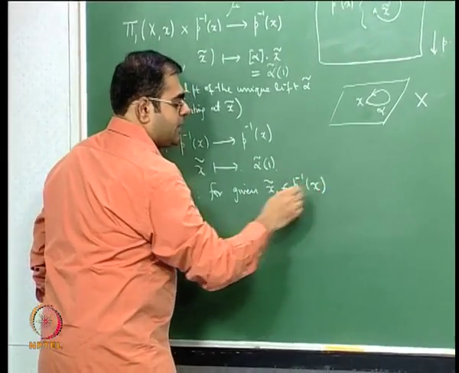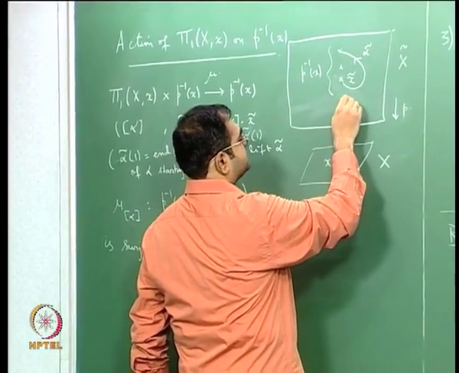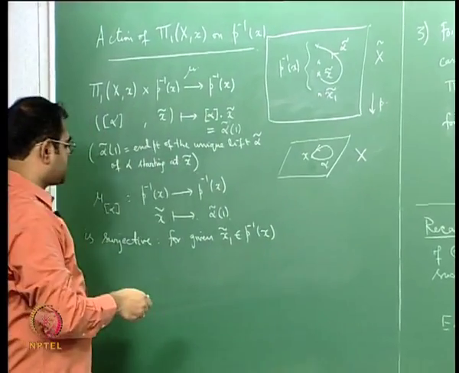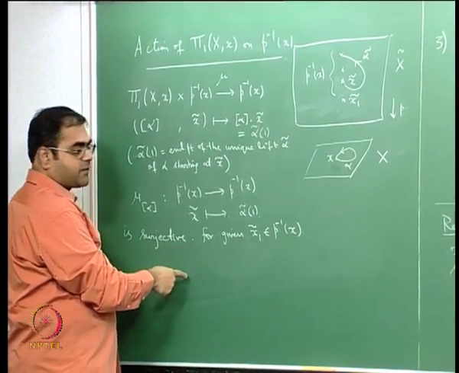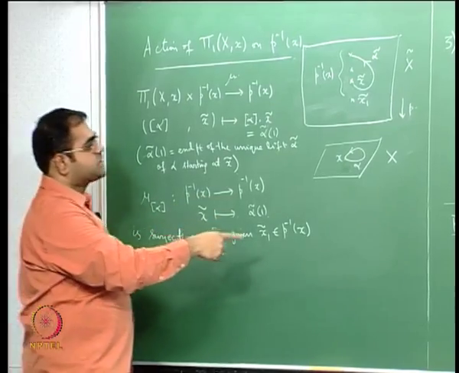You have this point x1 tilde, and what you want is to find another point on the fiber which goes to this under this map, alright. So how do we do it?